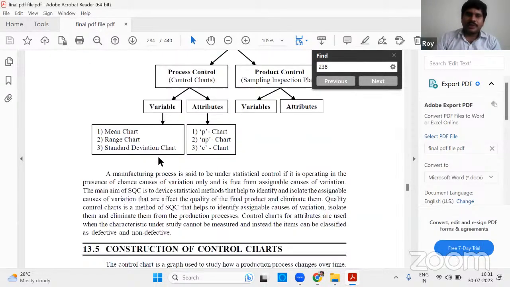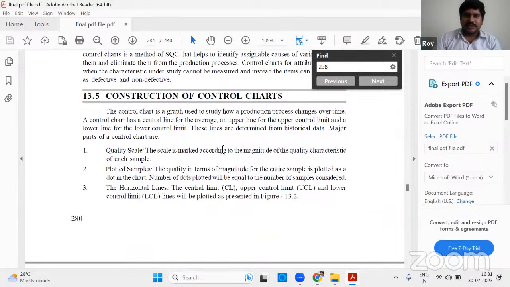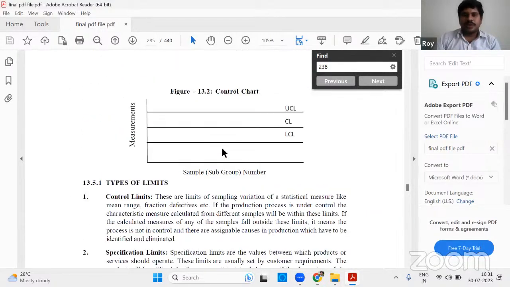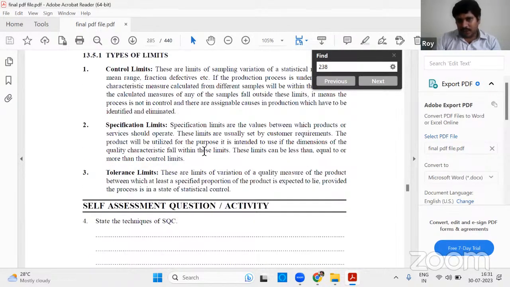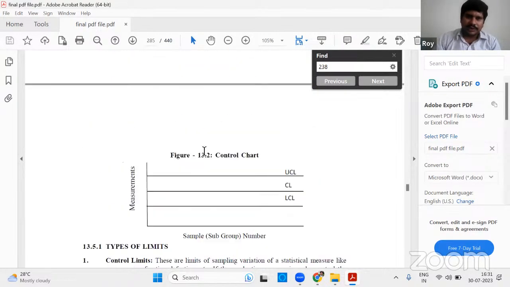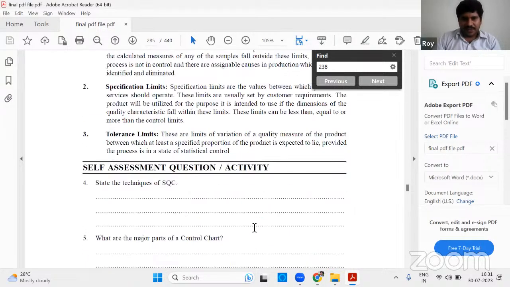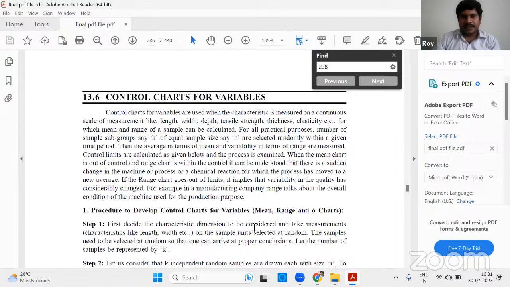Under process control only, we have these kinds of charts. If you go through the notes, you will understand control charts, with the upper control limit and lower control limit. If it is beyond the upper limit, the quality is beyond it. If it is below the lower limit, the quality is less.